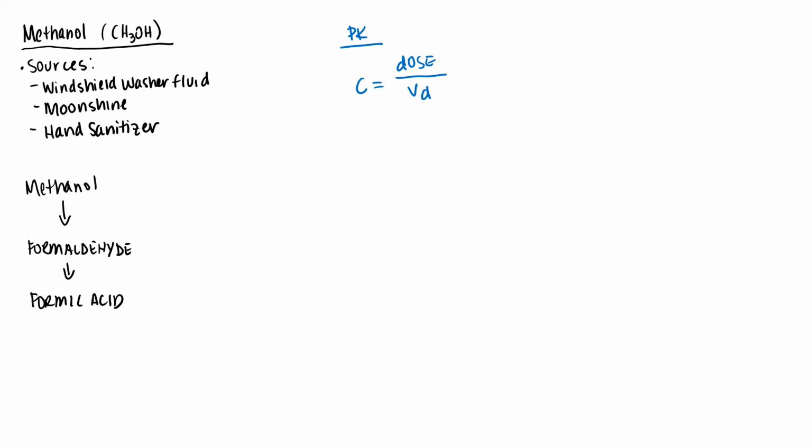There are several parameters that we already know, the first being the volume of distribution, which we can look up in any textbook and see that for methanol, it's in a range of 0.6 liters per kilogram up to about 0.72 liters per kilogram. But for the purposes of this presentation, we will use a value of 0.7 liters per kilo.